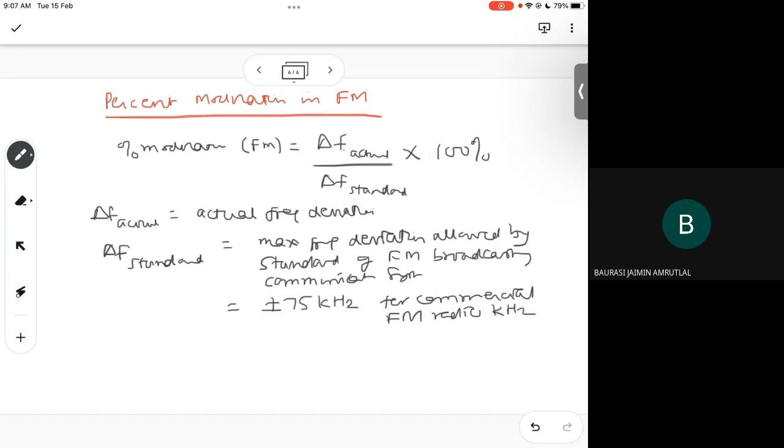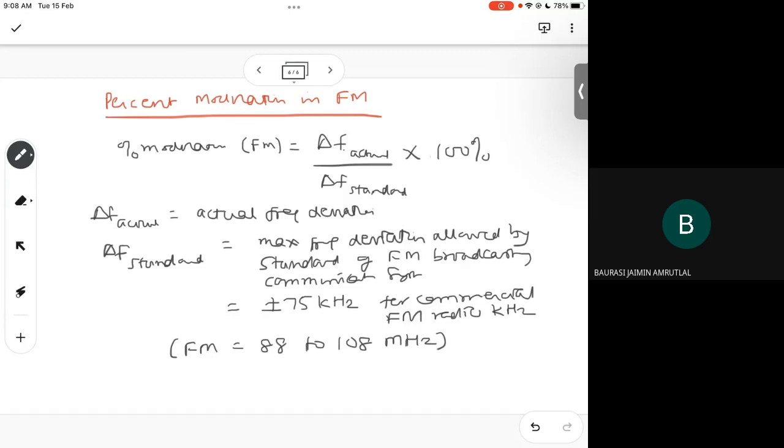FM frequencies, if you recall, are from 88 to 108 megahertz. Each station has been allocated a frequency, like a radio station allocated 98.3 megahertz, which we normally know because we hear it quite often. So 98.3 megahertz plus minus 75 kilohertz is allowed. Now there is no chance of splattering, because in the case of AM, if it exceeds 100% modulation, then we have a chance of over modulation or splattering, meaning the signal going to the adjacent channel.